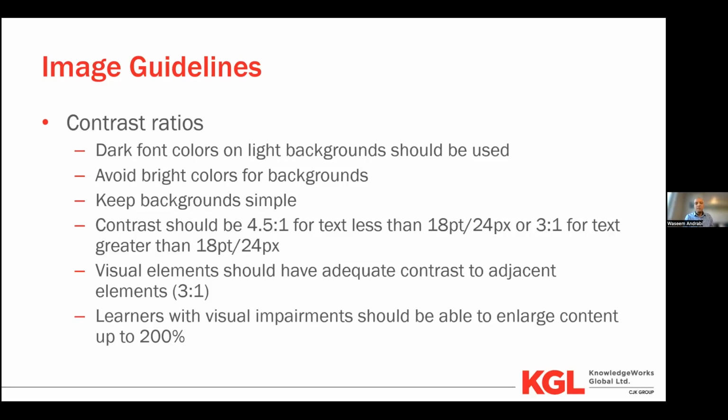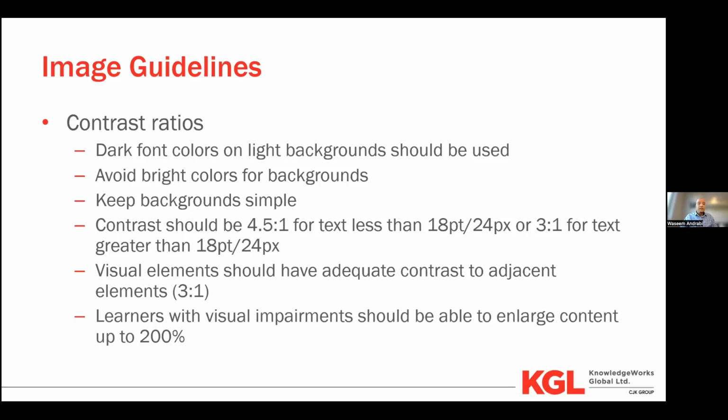Pure red, for example, has a ratio of 4:1. Pure green is 1.4:1, and pure blue, I believe, is 8.6:1. So there are certain standards that must be met for contrast ratios so that images are accessible.